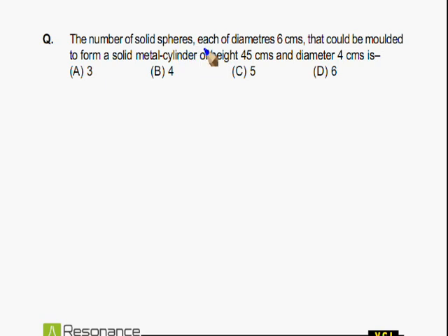The number of solid spheres, each of diameter 6 cm, that could be molded to form a solid metal cylinder of height 45 cm and diameter 4 cm.